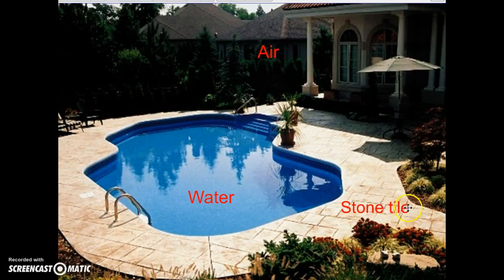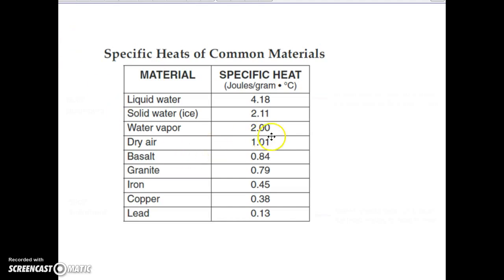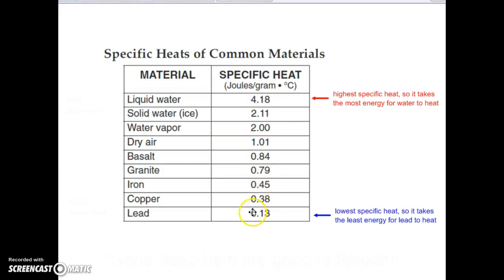The reason the stone tile gets the hottest is because the stone tile, let's say it's made out of granite, has a fairly low specific heat. It only takes 79 hundredths of a joule of energy to heat that up. The air, on the other hand, needs 1 whole joule of energy, and the water needs over 4 joules of energy. So that explains why certain things are hotter on a hot summer day.